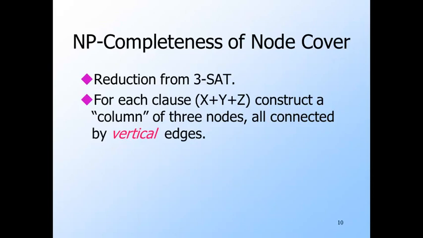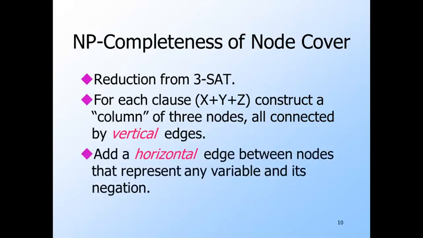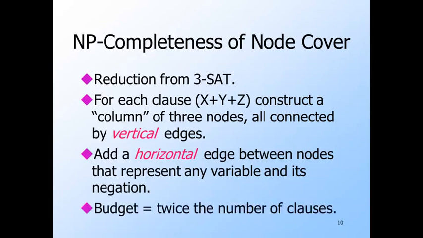There are vertical edges connecting each pair of nodes in a column, and thus there are 3 vertical edges per column. There are also horizontal edges that connect nodes in different columns. Two nodes are connected if they represent literals with the same variable, and exactly one of those literals has that variable negated. And finally, the budget k is twice the number of clauses, which is also exactly 2/3 of the nodes.